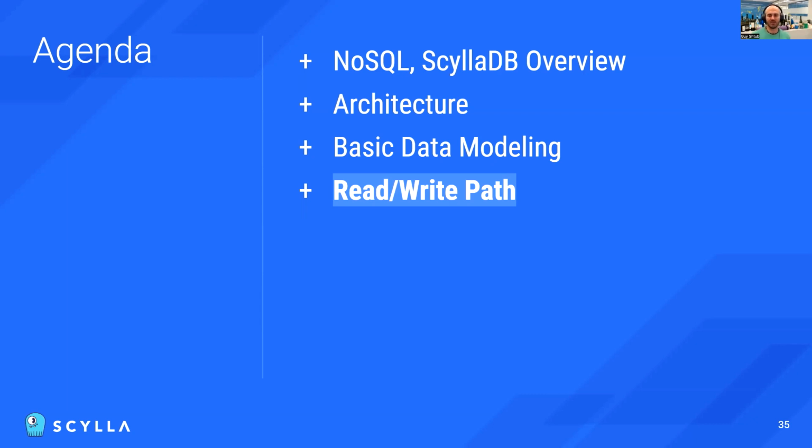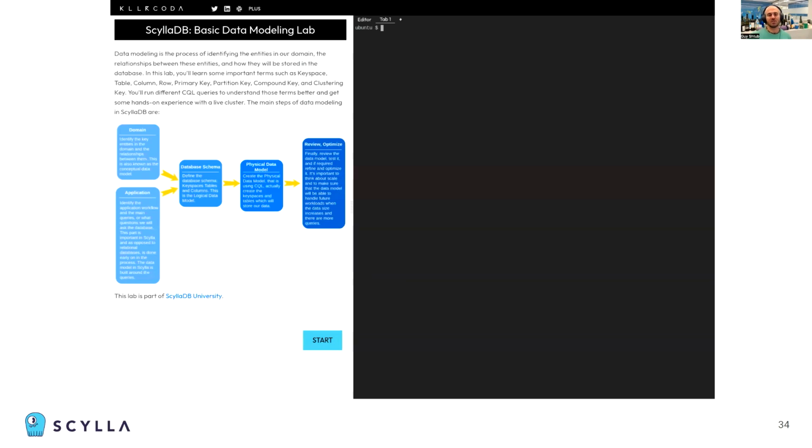Before I go to the read and write path, I do want to talk about an important concept in data modeling, which is the primary key, the partition key, and the clustering key. It's highly important how we choose the partition key. This lab goes over that and gives different examples, but I'll just touch on it briefly. A primary key in ScyllaDB is one or more columns, and the primary key is basically two different keys.